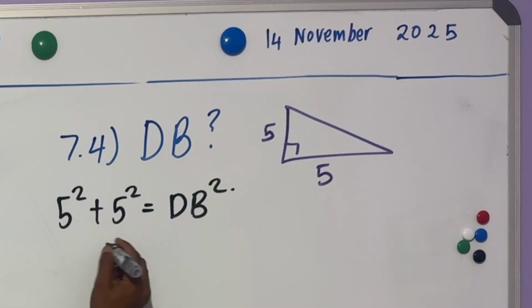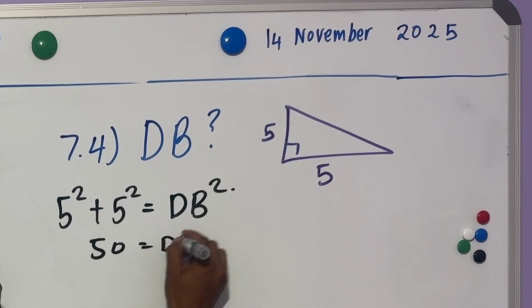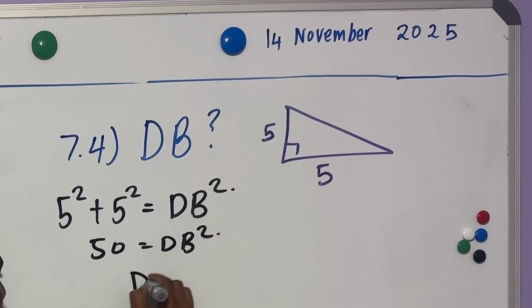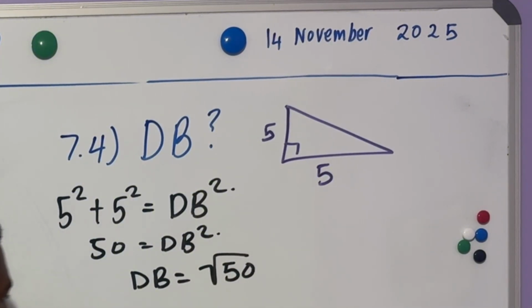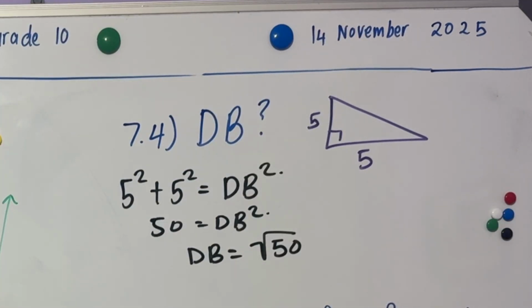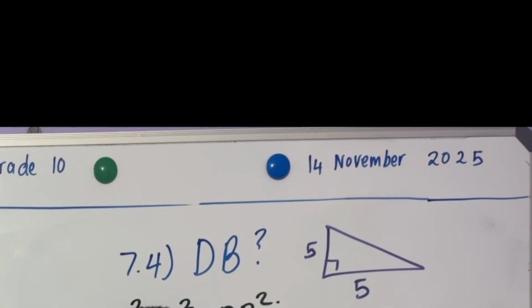This is 25 and 25. That's going to give me 50 equals DB squared. And DB equals square root of 50. We can convert that to decimal, which is either 5 root 2 or 7.07 units.